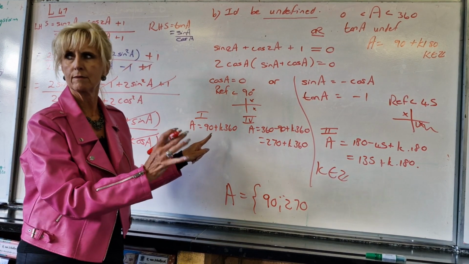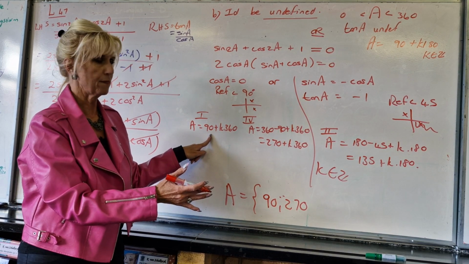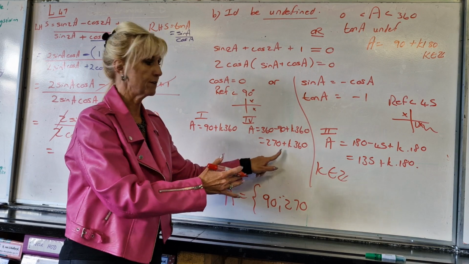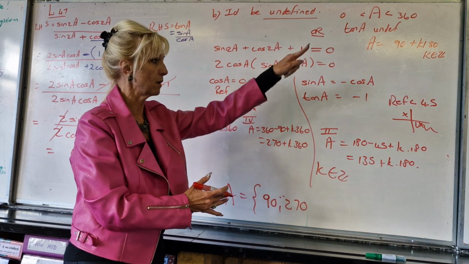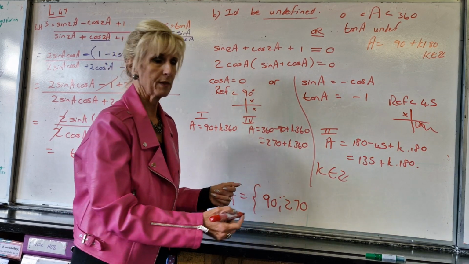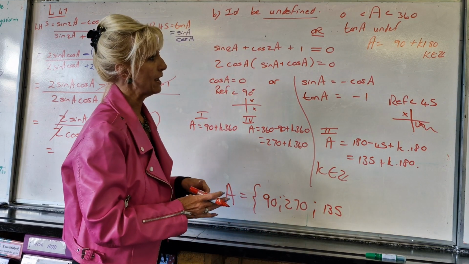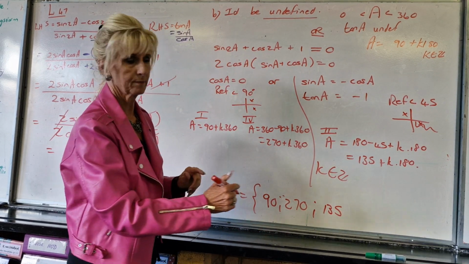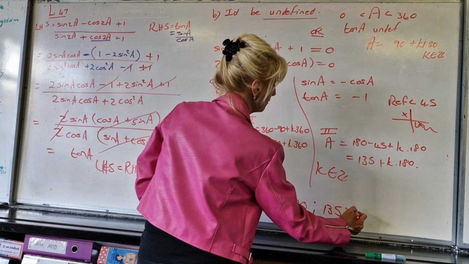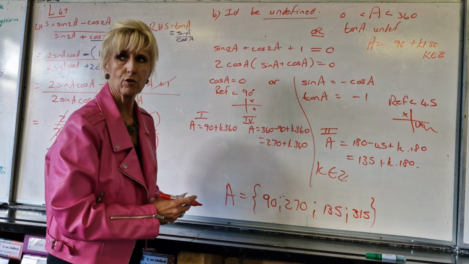Start seeing the correspondence. This one will also be 90 and nothing else. This one will be 270 and nothing else. If I start minusing and plussing 360, it'll only be those two as well. And then that one, oh, there's something else. 135, agreed. If you add 180, is it going to work? 315. And that's it for your answers.